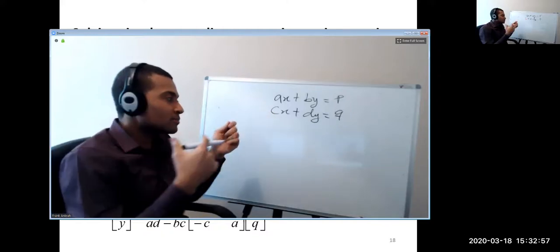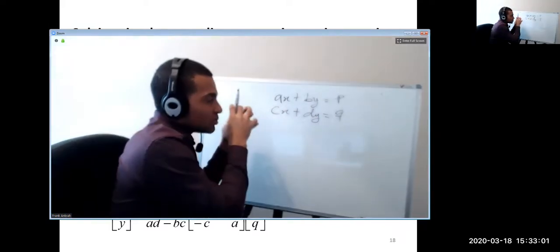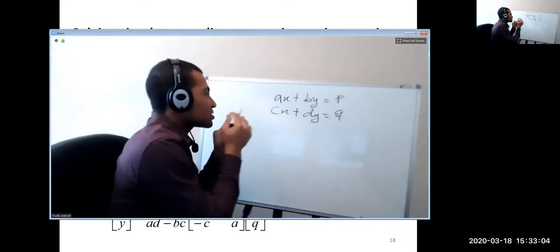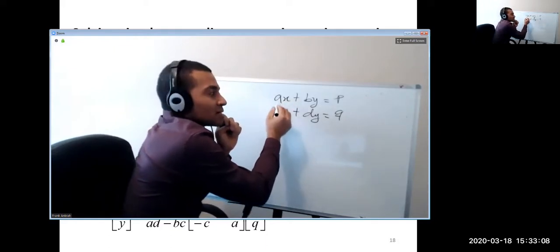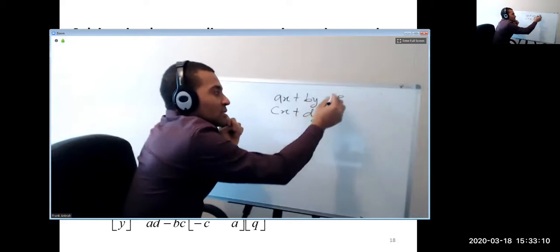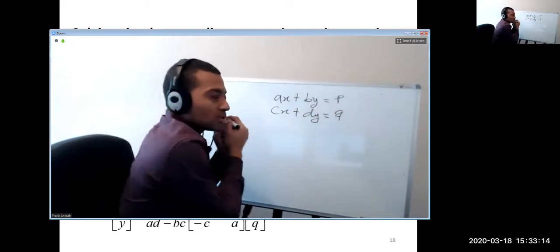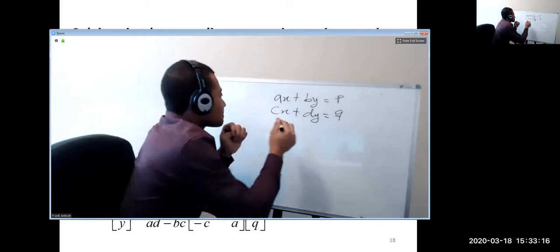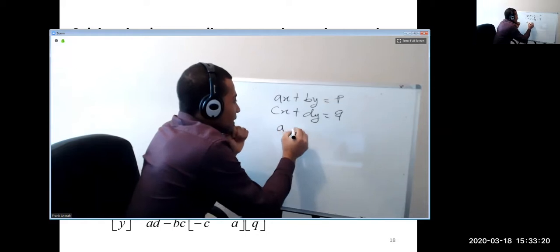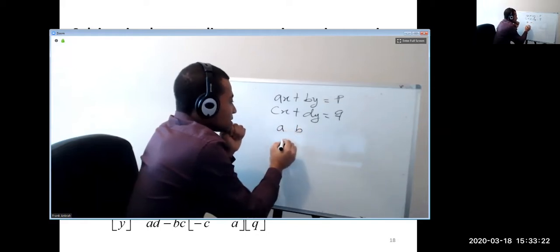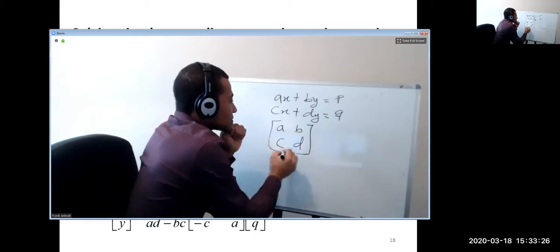Okay, now, in trying to split it apart into a matrix, we're saying these are coefficients of x and these are coefficients of y. These are constants. This looks like a 2 by 2 matrix. So pulling that out, A, B, C, D looks like a 2 by 2 matrix.